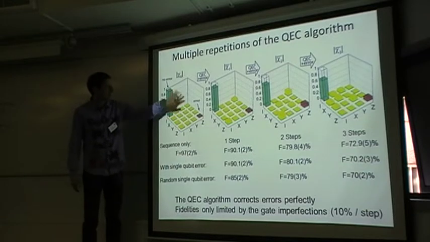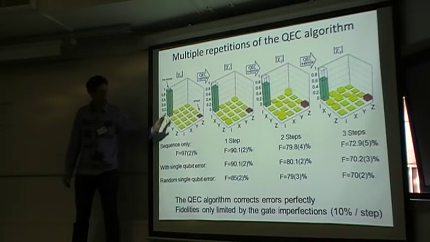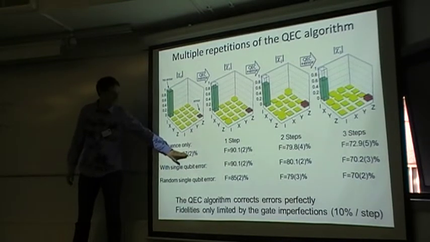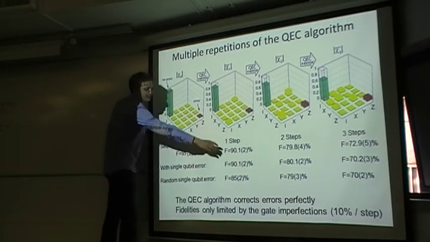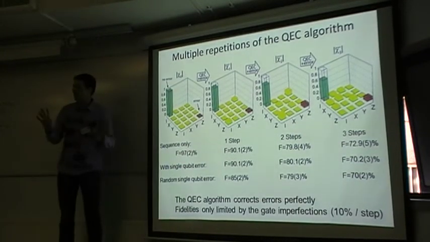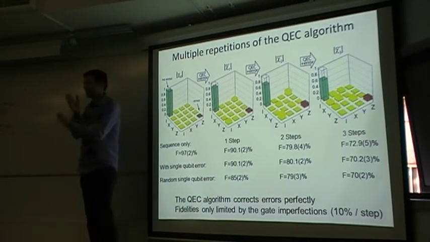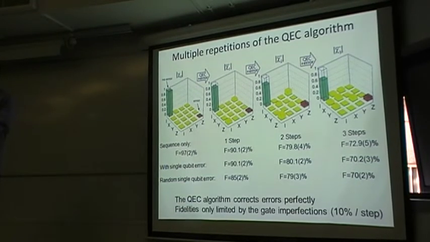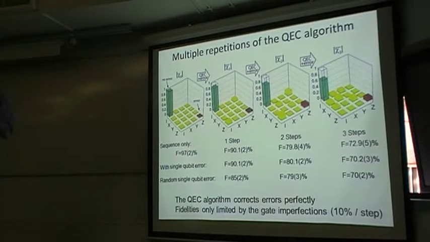We started just with a sequence. Just preparing a state and detecting it, we already get 97% fidelity. So already there the fidelity drops slightly. If we do one error correction step without any error yet, fidelity drops by something like 10%. That's just because each of these gate operations has a fidelity of 99%, and if you have 10 operations, of course it will drop by 10%.